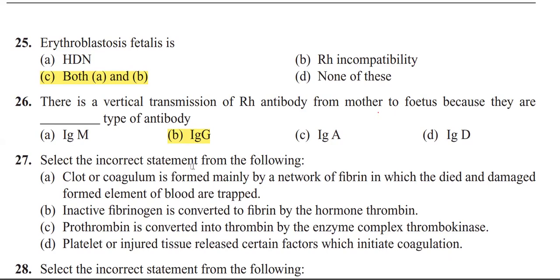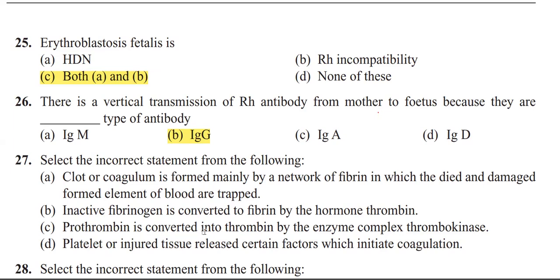Select the incorrect statement from the following. Clot or coagulum is formed mainly by a network of fibrin in which the dead and damaged formed elements are trapped. Inactive fibrinogen is converted into fibrin by the hormone thrombin.